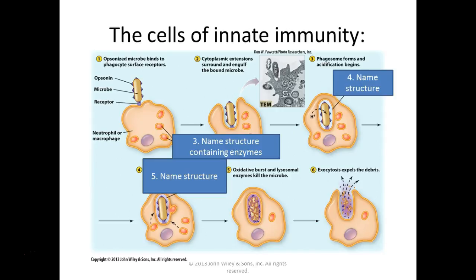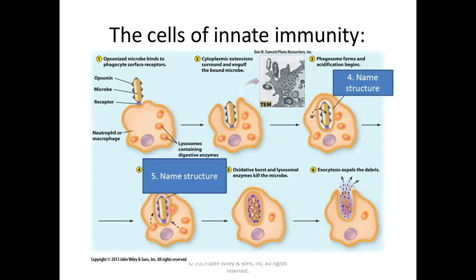What do you call them? You need to know this, guys. Lysozyme is a very big clue. It's just a lysosome. A lysosome is a membrane-encased vesicle inside these phagocytic cells, these macrophages and neutrophils.